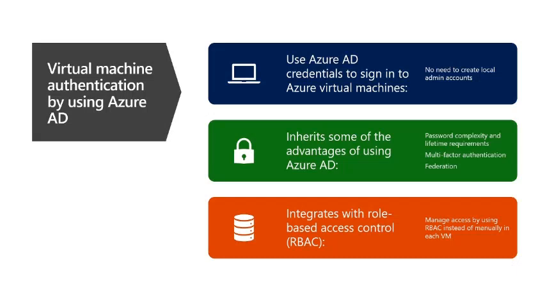The benefit of using Azure AD credentials to sign in to the Azure Linux VM is that you don't have to create local administrator accounts and manage credential lifetimes. By reducing your reliance on local administrator accounts, you don't have to worry about issues such as credential loss or theft and users configuring weak credentials.